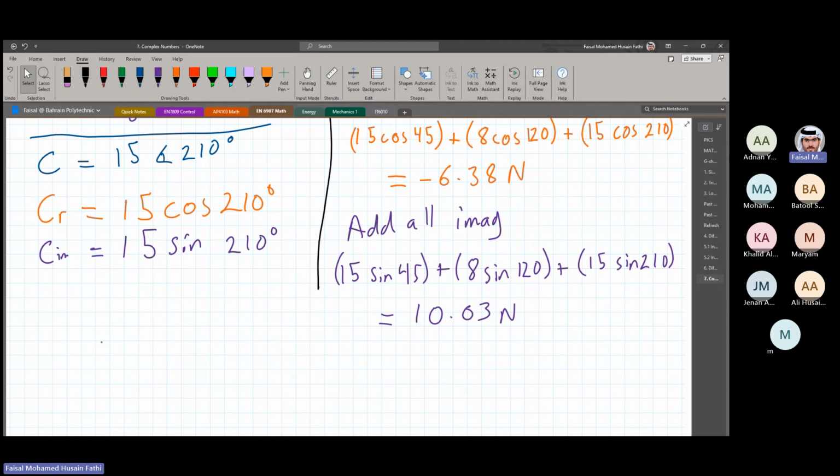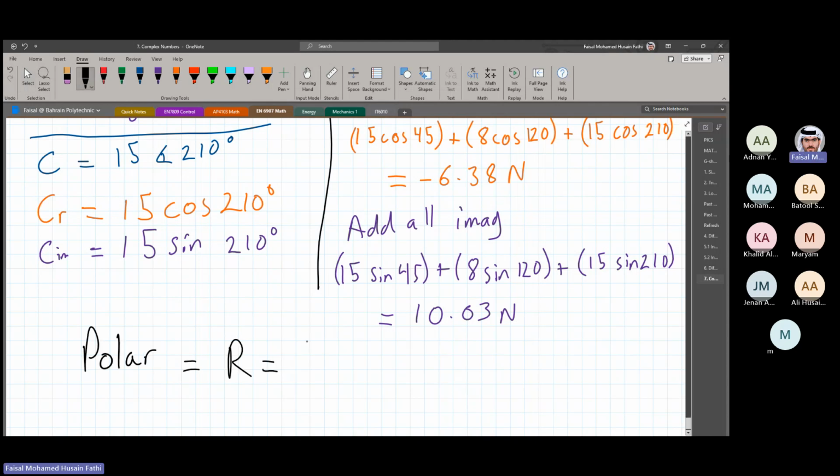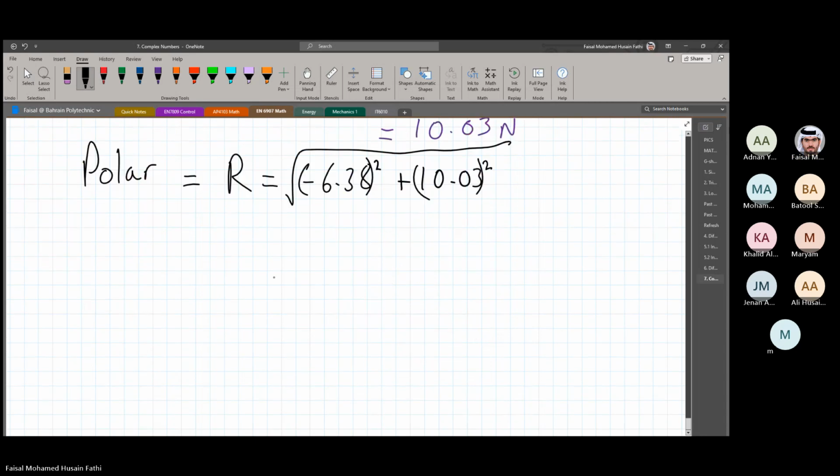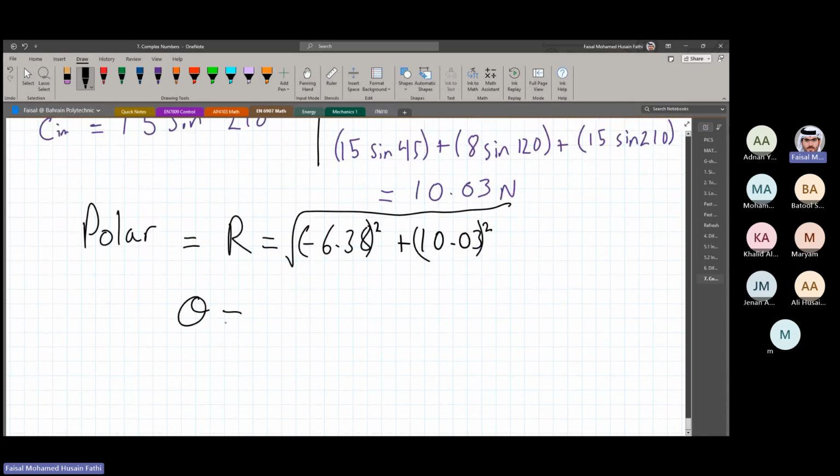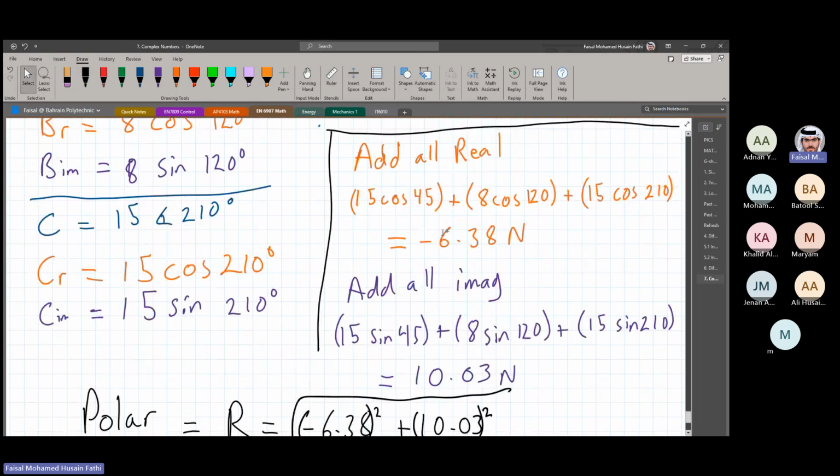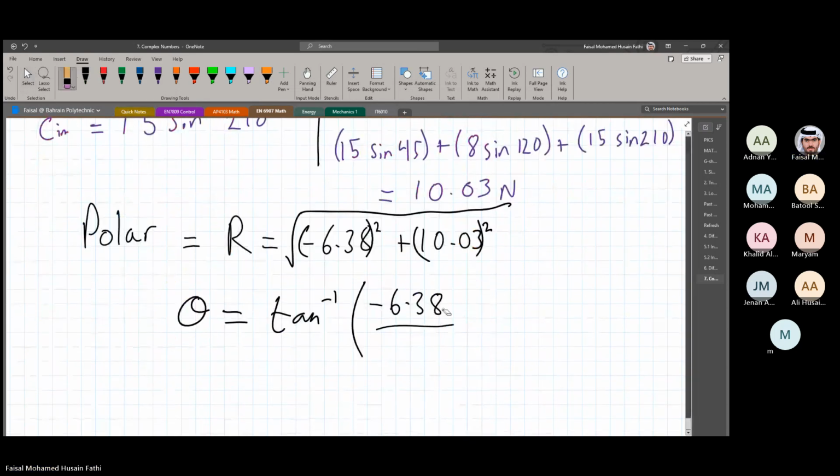Now you need to find it in polar. So R is going to be equal to the square root of minus 6.38 squared plus 10.03 squared. This is going to be your magnitude. And your direction is theta equal to tan inverse of opposite over adjacent, which is imaginary over real: 10.03 over minus 6.38.